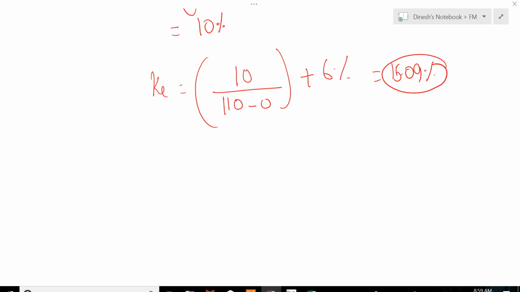Any doubts in this? I've been doing the same thing in the last class and this class. Lot of mini problems, that's all. You keep doing KR, KE and cost of debt.